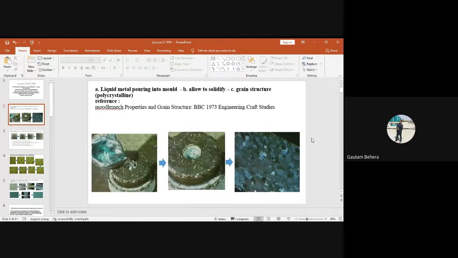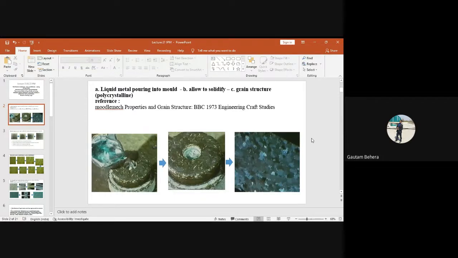So we can have two types of casting. One is batch casting, one is continuous casting. In industry, we basically prefer continuous casting. But the video you have seen just a few minutes before is a batch casting. Batch means you have a mold, you pour into the mold, that's all.